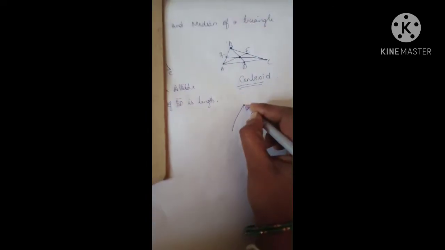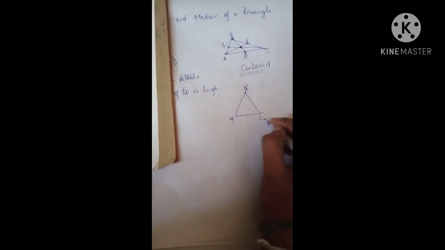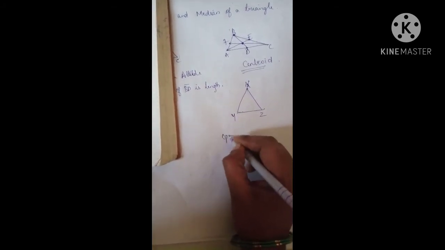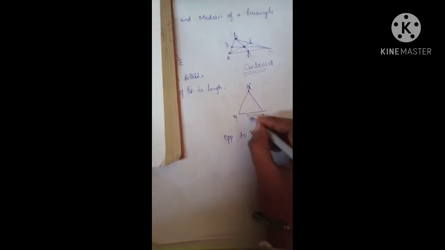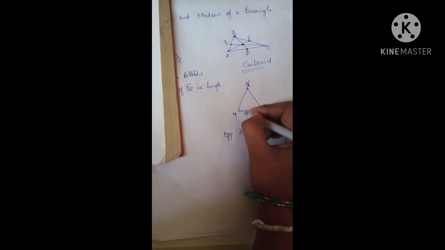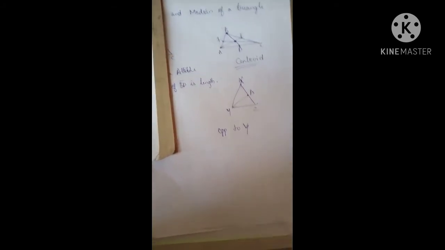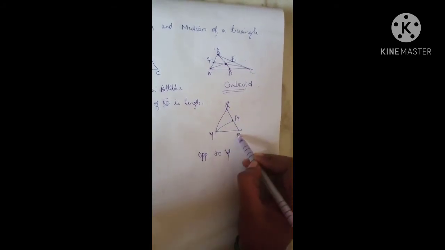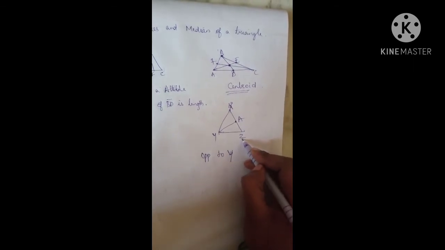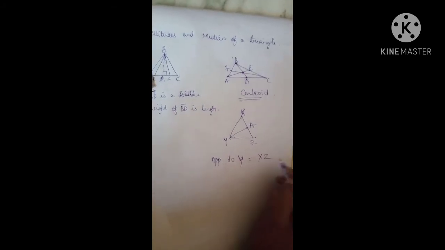This is your triangle XYZ, and he is asking about the side opposite to vertex Y. See here, what is the side opposite to Y? XZ. Yes or no? The side opposite to Y is XZ, so write that it is equal to XZ.